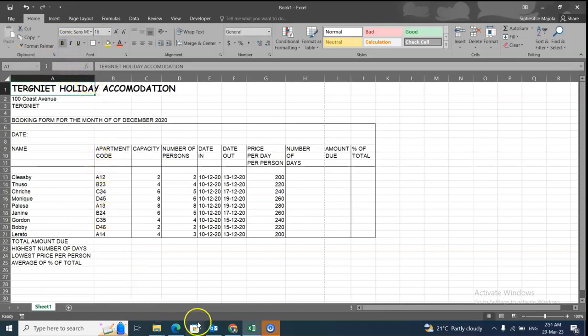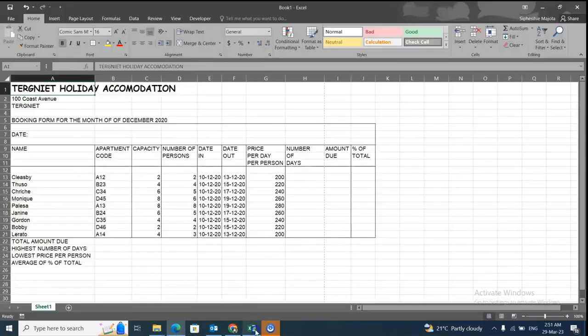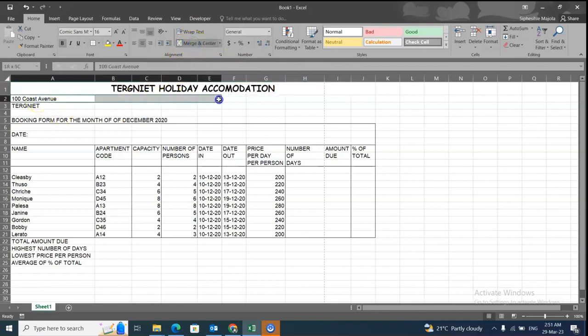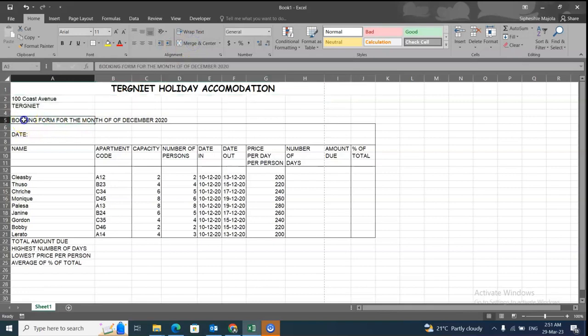Okay, and then this instruction says merge and center rows 1 to 5 across columns A to J. So I'm going to highlight from A to J, and then I'm going to say merge and center. The same applies for this one. You do not highlight everything because it is going to be messy, so you basically highlight each individually. What am I doing now?